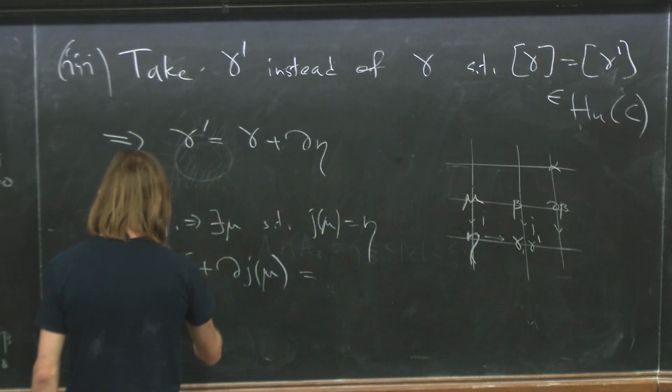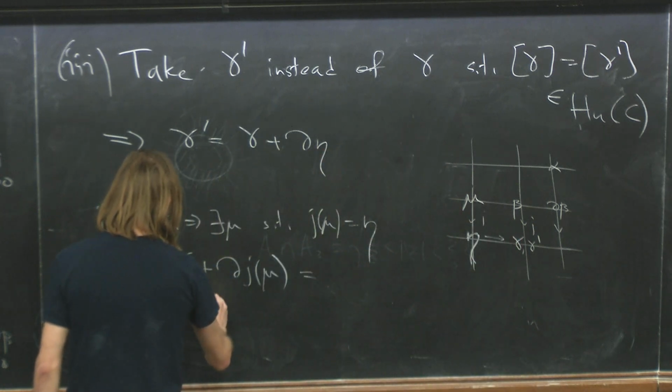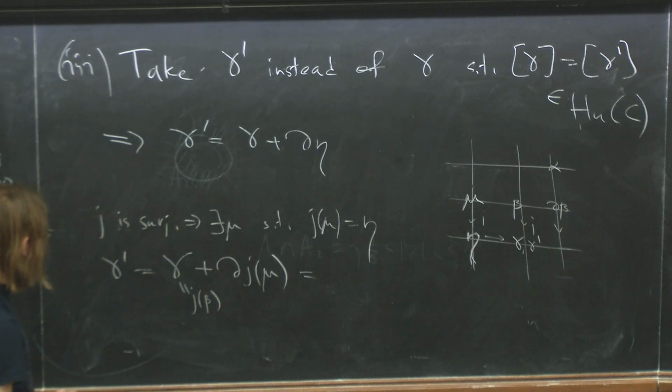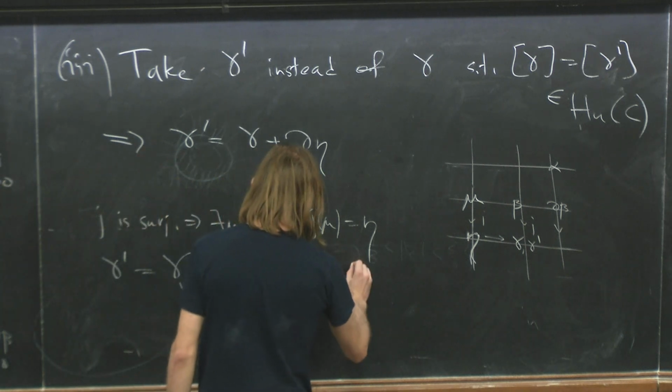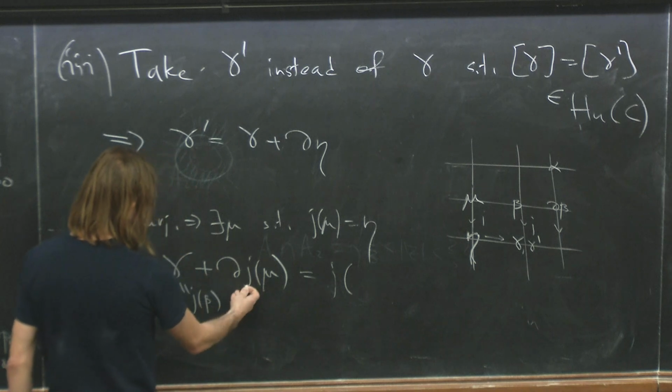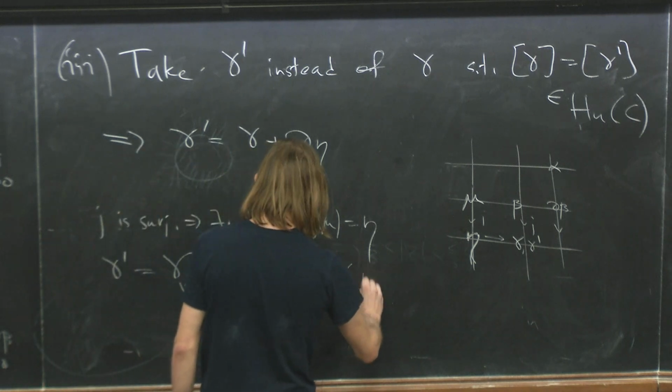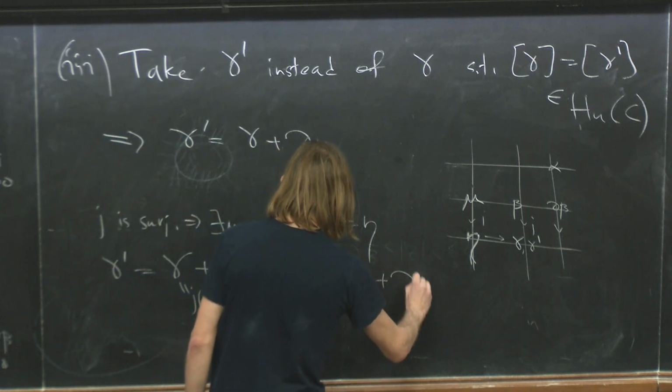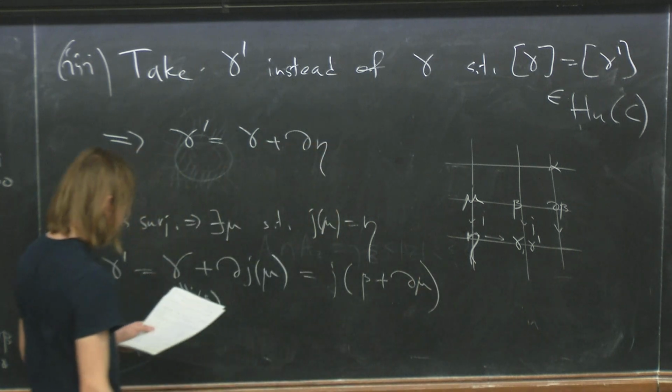So this is J of our beta. And we can commute J and d here, and we can write this by linearity as J of beta plus d mu.